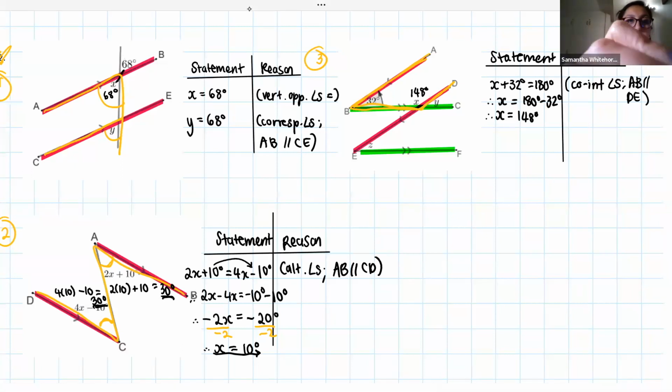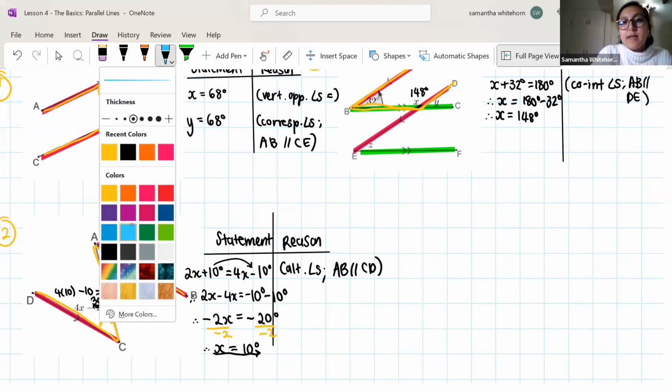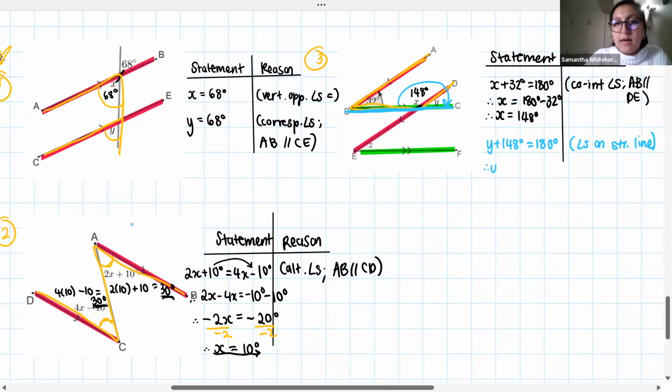It definitely is, because now when I move over to Y, I can see that X and Y are on the straight line. So when I add them together, I should get 180. So Y plus 148 degrees should give me 180. Nice and easy, angles on a straight line. And so Y is equal to 32 degrees.